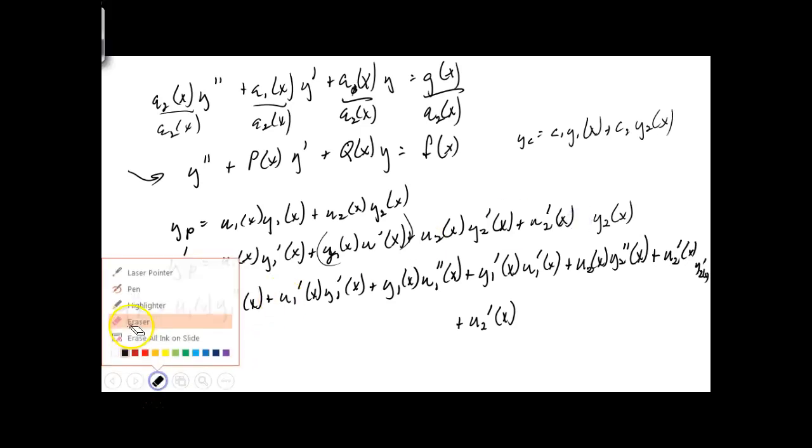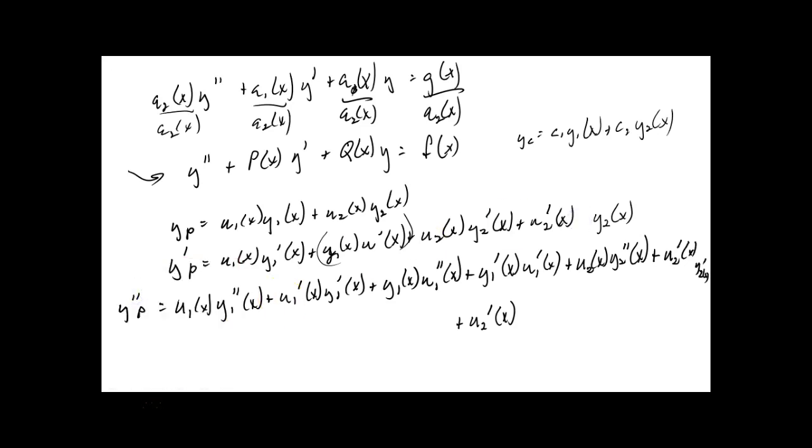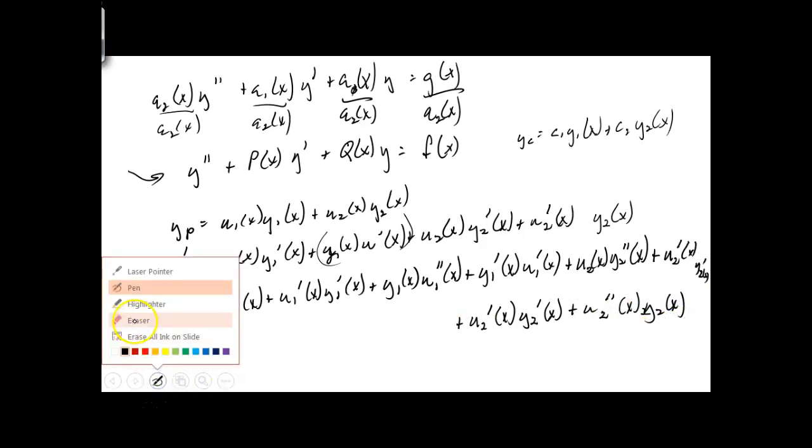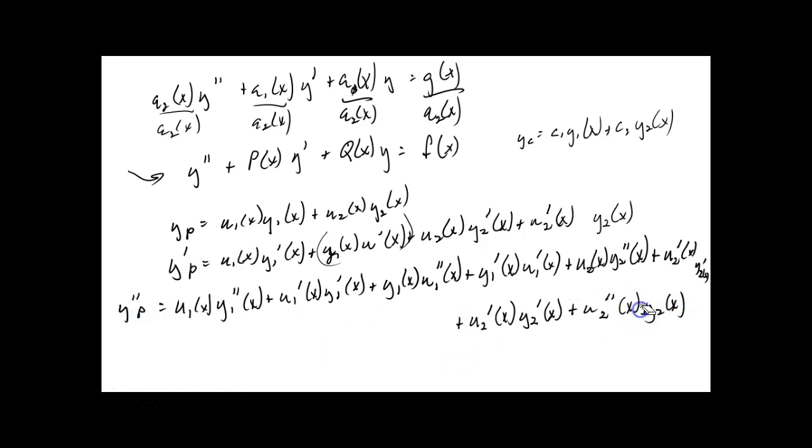Times y2 prime of x. Plus u2 double prime of x, y2. Now, my pen didn't write, so I wrote on top of something, so let me see if I can clean that up. There we go.